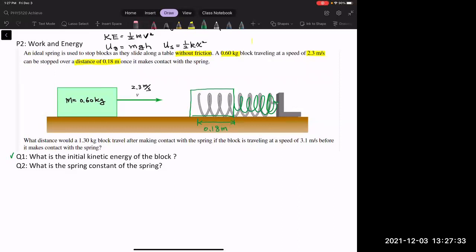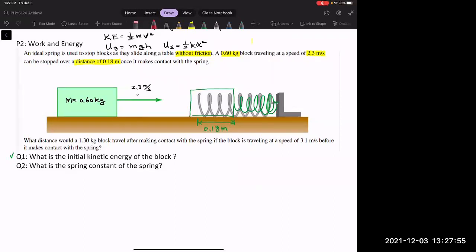The reason that we ask this one is that in this work-energy method, or even for the impulse and momentum problem, you always want to start by identifying what information you can collect from the initial situation and what information you can get from the final situation.